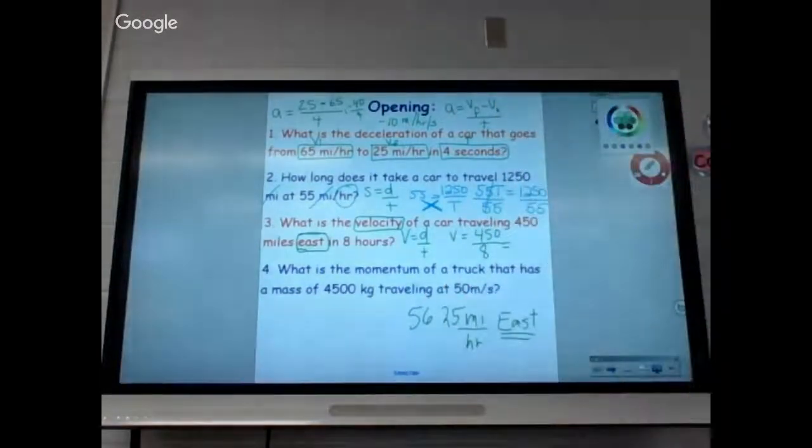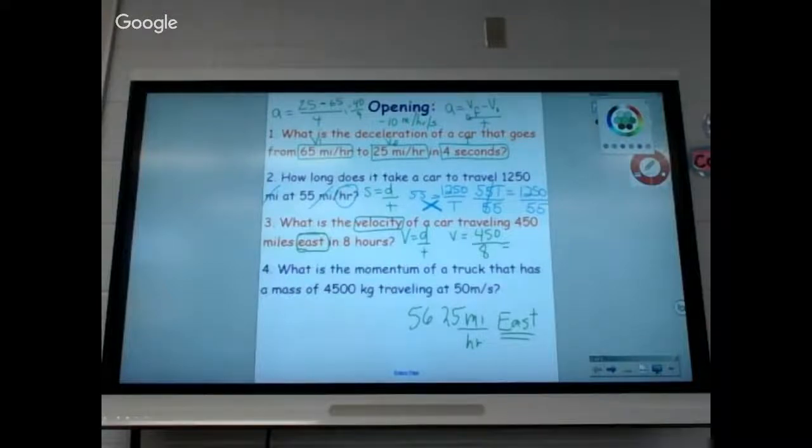Without the direction, it's just a speed. Speed has no direction. Velocity has a direction. So you have to give me the direction to be a velocity.